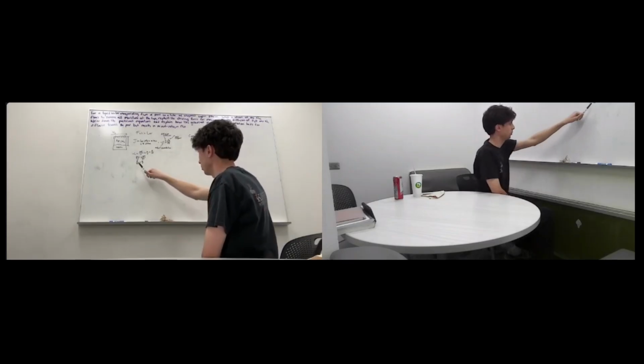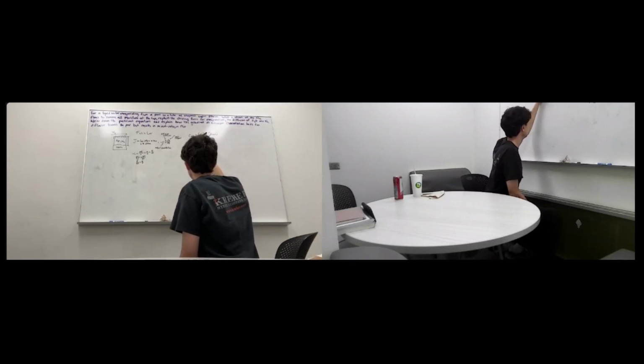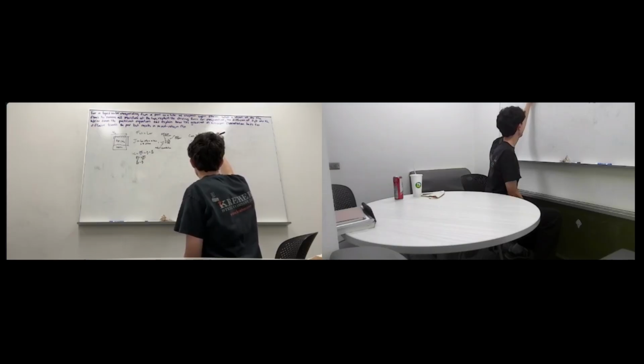And now we can replace that C value with P over RT. So C total is equal to the pressure of nitrogen over R times the temperature, plus the pressure of water over R times the temperature.